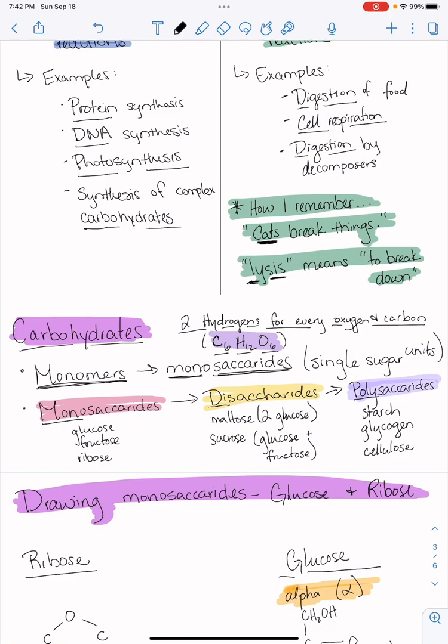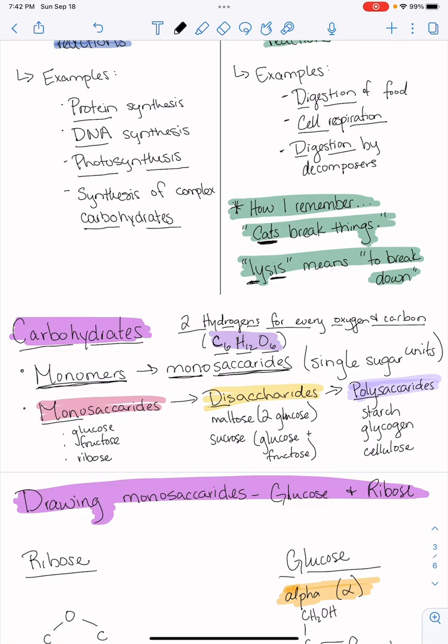So going down, we have monosaccharides. Here are some examples, not all of them: glucose, which a lot of you are probably familiar with, fructose, and ribose. You might have heard of ribose before, because ribose is a sugar used in RNA.